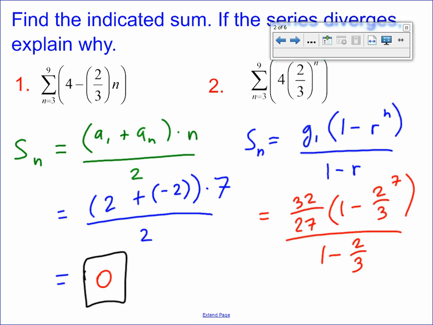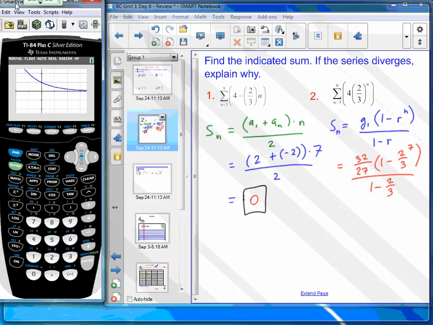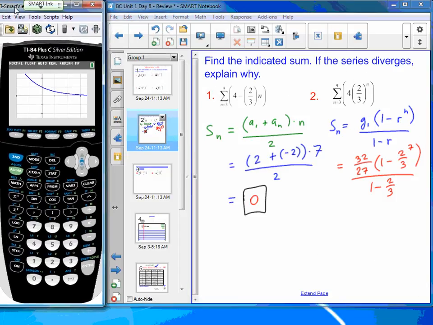Why did I say infinite sum for arithmetic? Because I forgot? No. The sum of an arithmetic sequence, if it's infinite, does not exist. The series diverges.